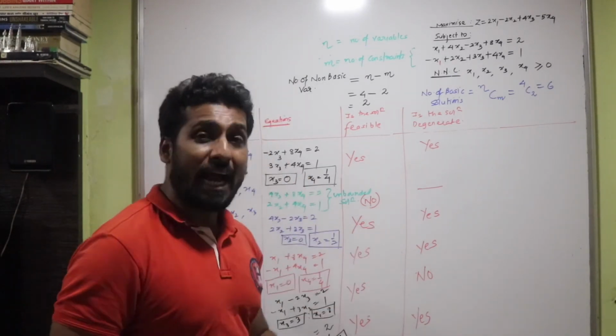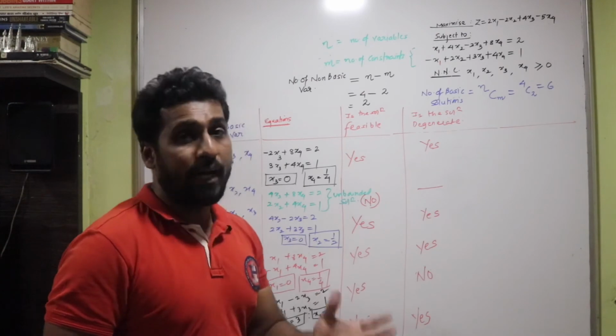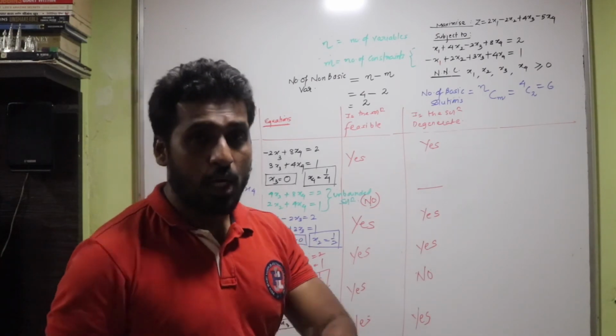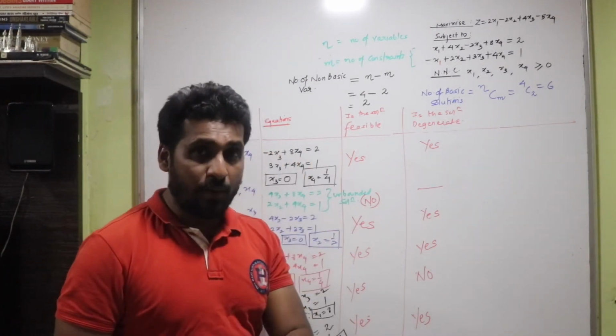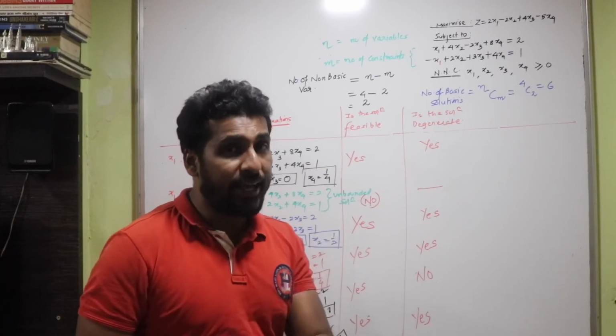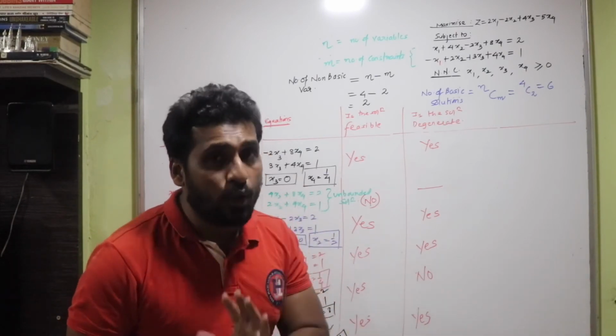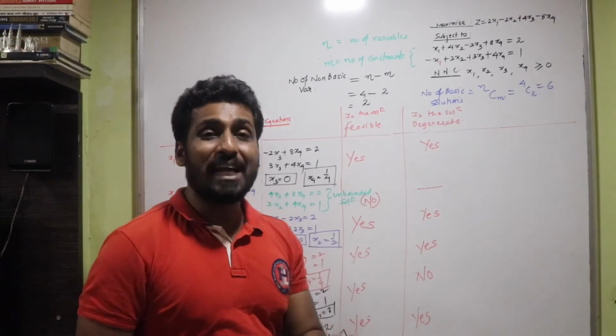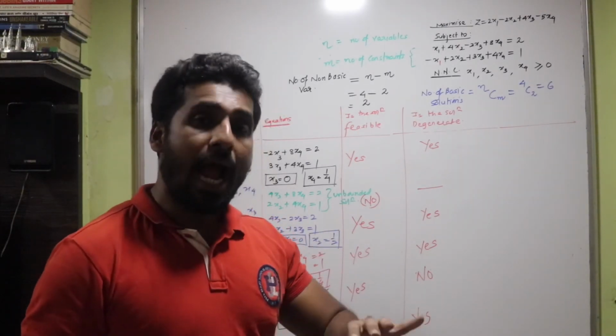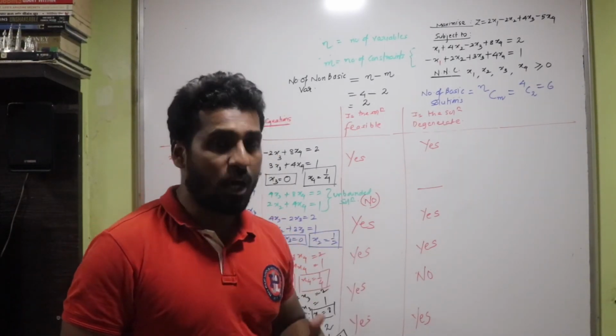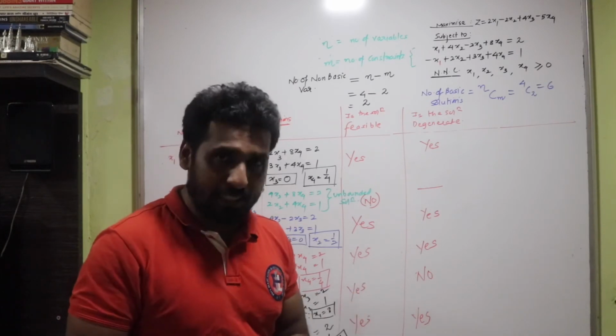Then we moved ahead and understood what a degenerate and a non-degenerate solution is. So if any of the basic variables becomes 0, then the solution will be called a degenerate solution. And if all of the basic variables are non-zero, it is called a non-degenerate solution.